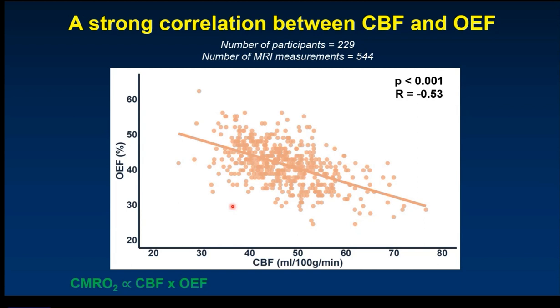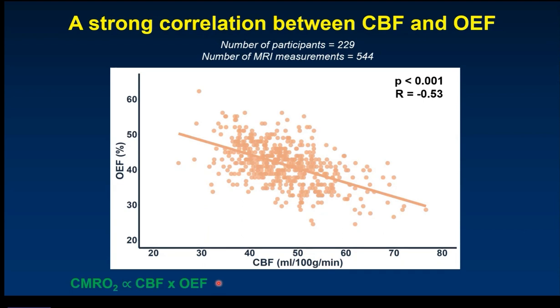The physiological noise might come from, let's say, breathing pattern or drinking coffee. But theoretically, the OEF and CBF are negatively associated with each other, according to the mathematical equation. And in our real measurement, we found that the OEF and CBF we measured are still in a negative correlation.